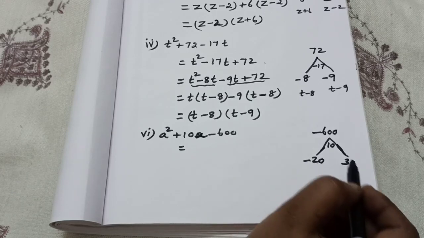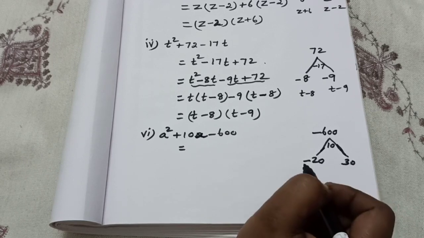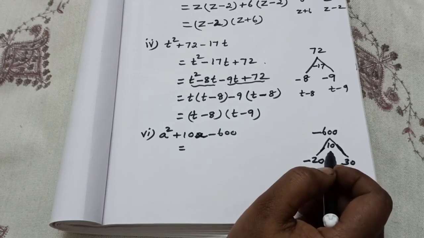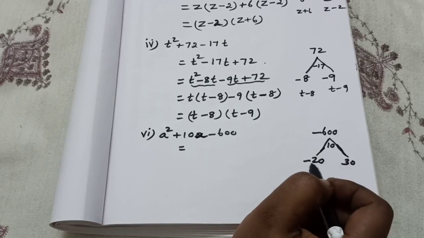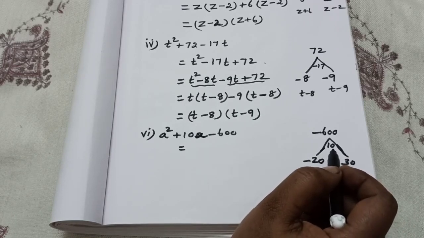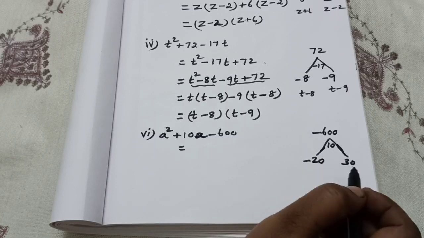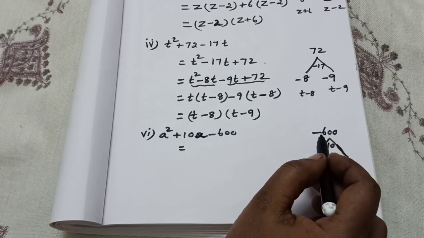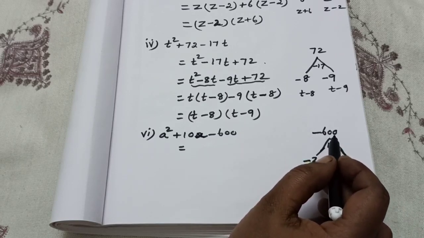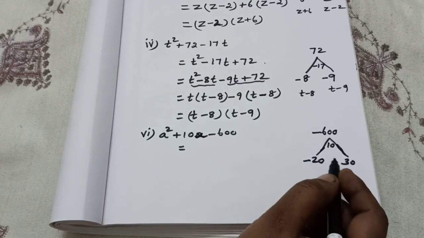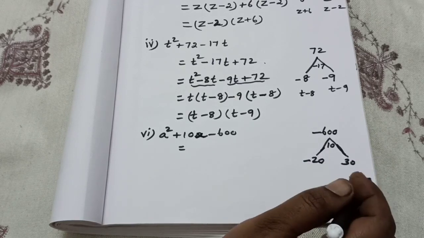But here plus 30 and minus 20. 30 minus 20 is 10. Did you get these two sum 10? These two multiply, did you get minus 600? Okay, very good. Then we got this answer, isn't it?